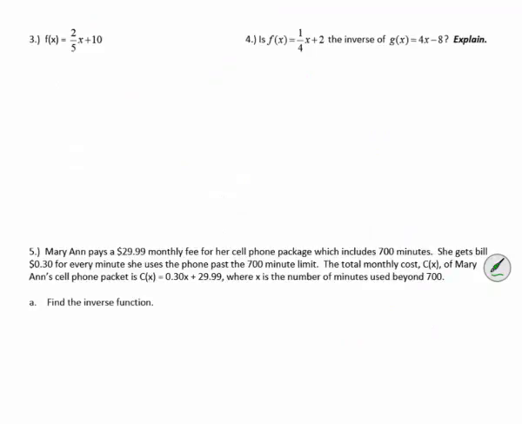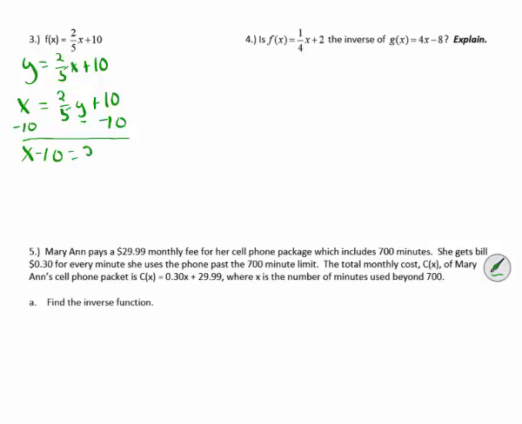So here I have one that's f of x. So again, I'm going to rewrite it as y equals. I'm going to flip my x and y. So I'm going to have x equals 2/5 y plus 10. Now I have to get y by itself. So I'm going to subtract 10. X minus 10 equals 2/5 y. To get rid of the fraction, I have to multiply by the reciprocal, but I'm multiplying the entire side by the reciprocal.